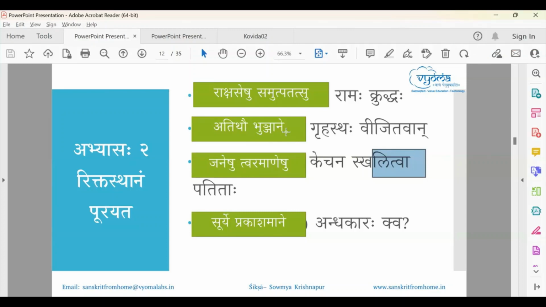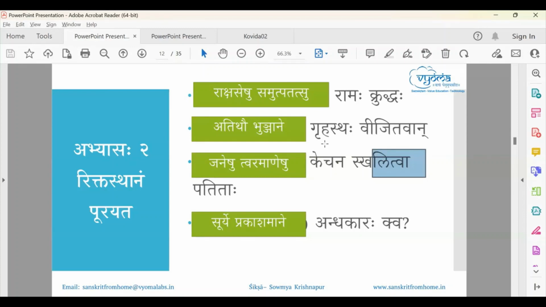So when the guest eats, when the guest was eating, there is only one guest. Yeah. Saptami Ekavachana. Yes. When the guest was eating, the Grihastha, the home, the person who is the host, Vijitavan.